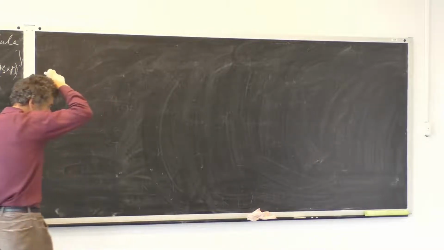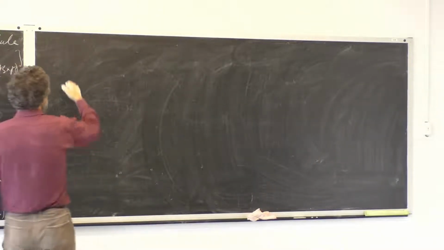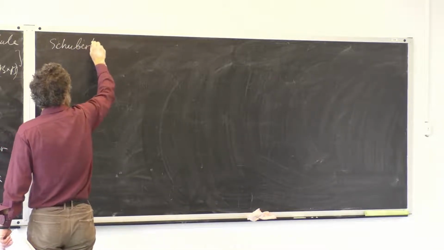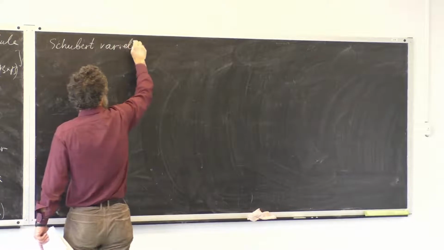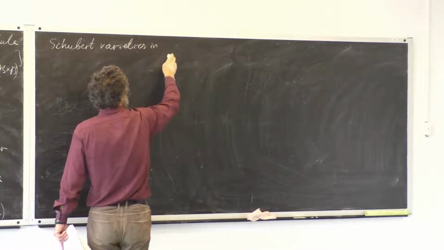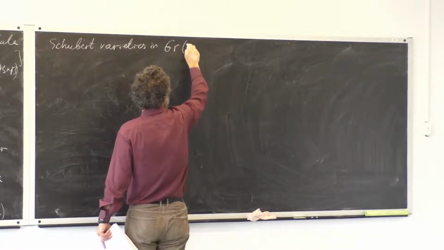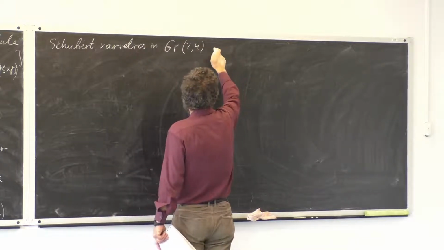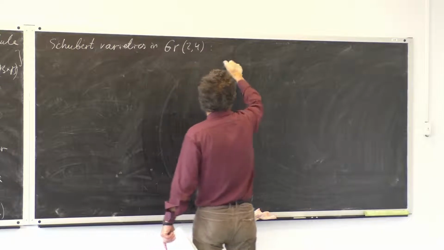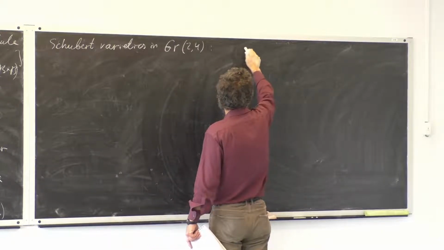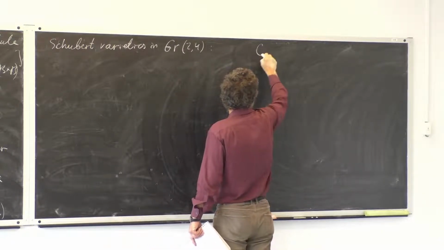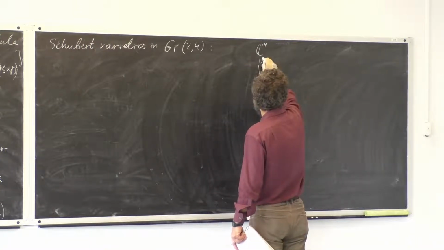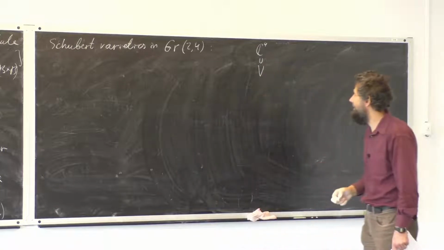In fact, just what are the Schubert varieties? In Grassmannian 2, 4, so we have C4 and there is a two-dimensional vector subspace in there.